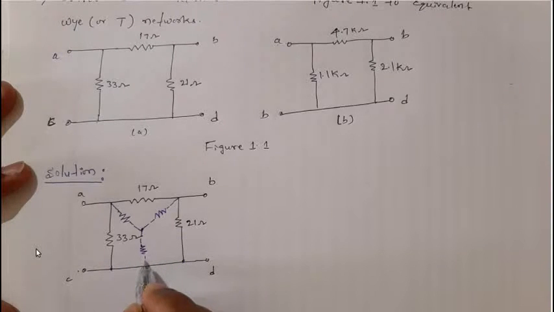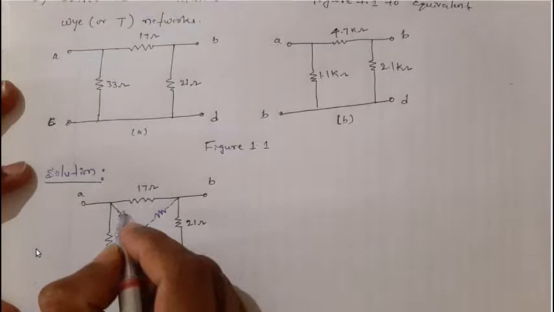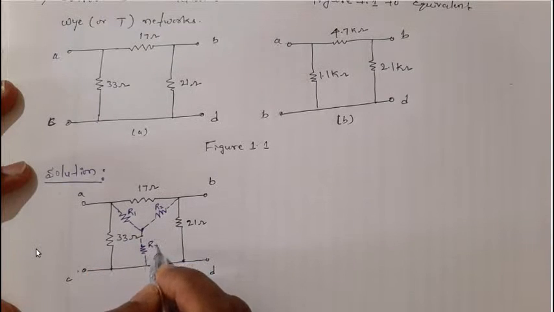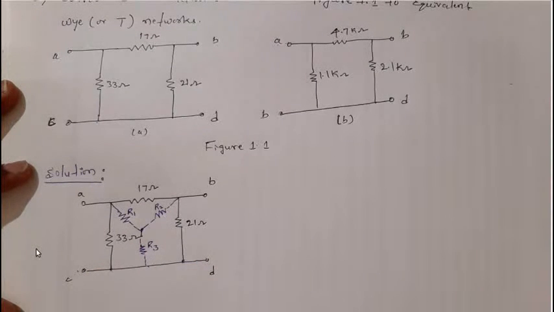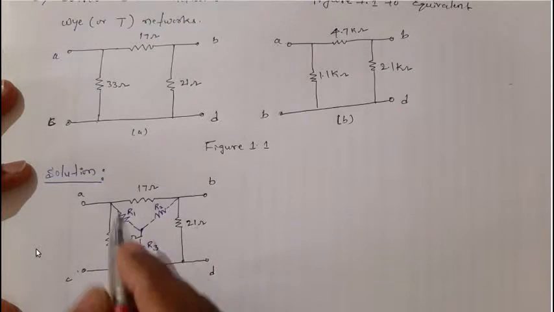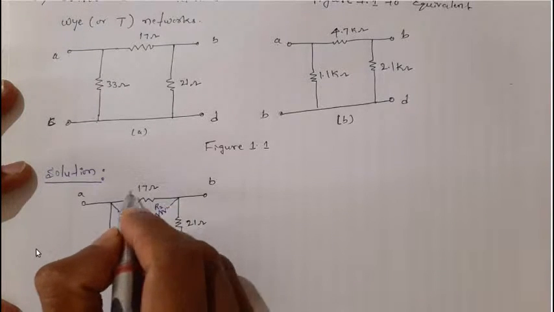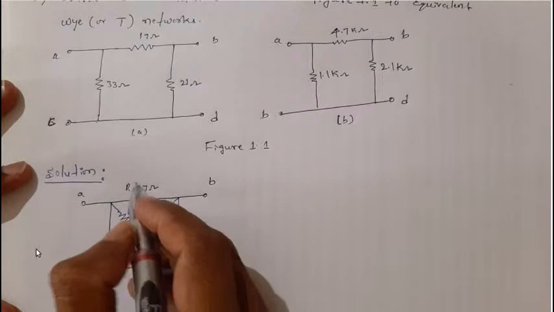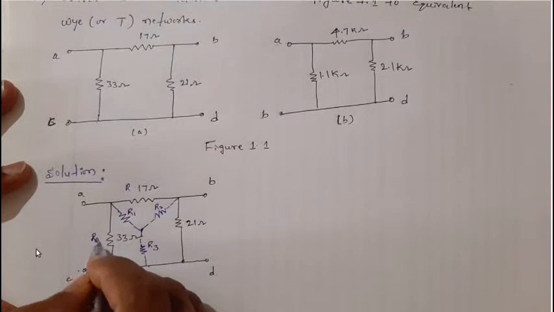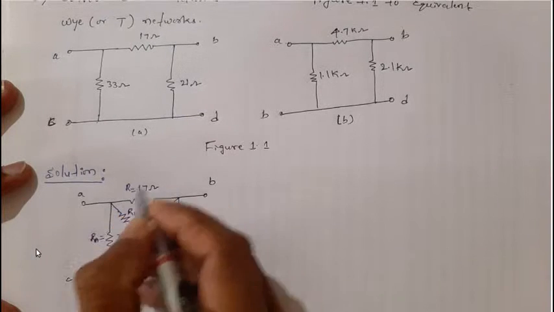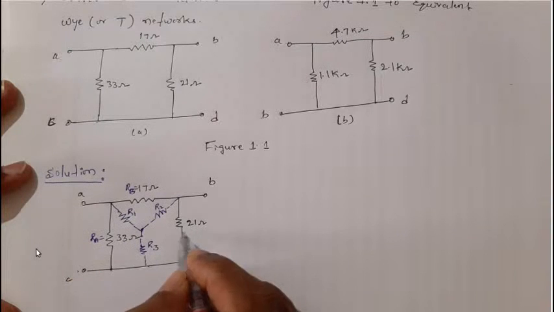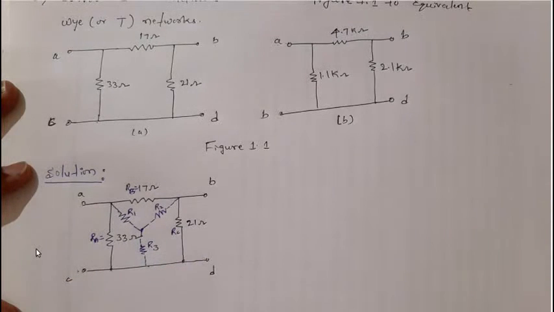Let me call these R1, R2 and R3. For your convenience, I start with this: RA is 33 ohm, RB is 17 ohm and this RC is 21 ohm.